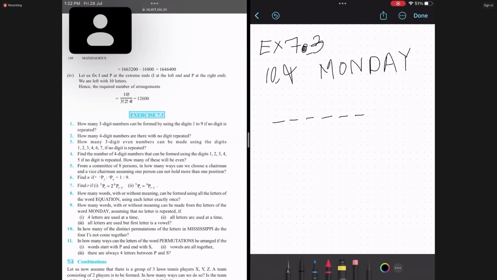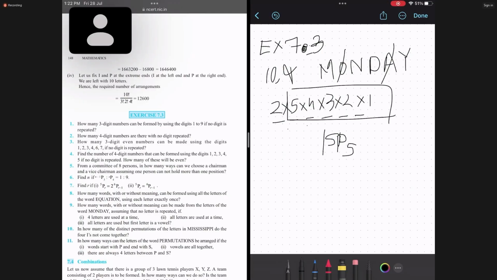As we know, we have O and A as vowels in our word. So the number of ways that we can fill up the first letter is 2, correct? And now the number of places remaining is 5. So we have to permute 5 places using 5 letters. So you have 5 into 4 into 3 into 2 into 1, which is the permutation of 5 letters in 5 places.